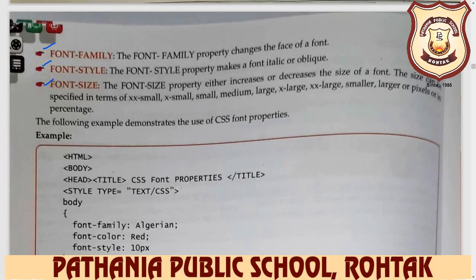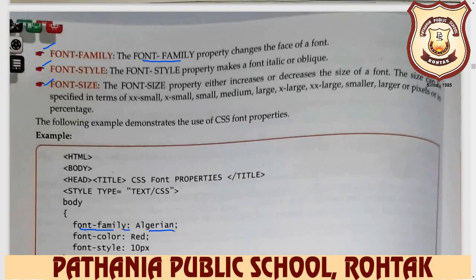If you write font family, it means your font faces: Arial, Times New Roman, Tahoma, Kundli, Hindi. These are all your font family. And how to declare it? You write font, then the hyphen, then the word family, then a colon, and then write any name: Arial, Black, Times New Roman, anything.